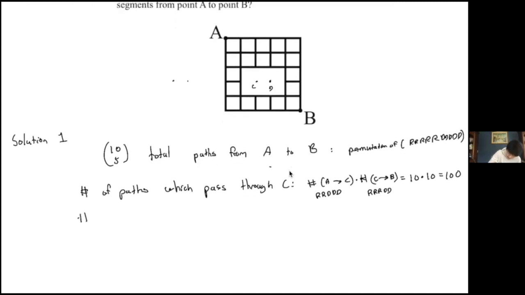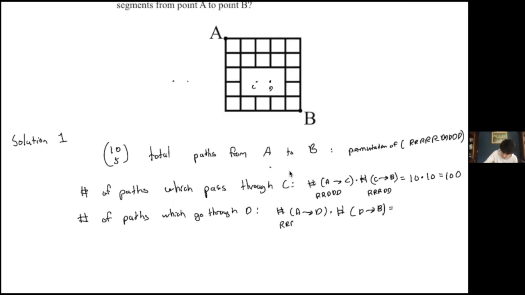Next we calculate the number of paths which pass through D. That is the number from A to D times the number from D to B. The number of paths from A to D is permutations of right, right, right, down, down, down, which is 6 choose 3, equals 20.